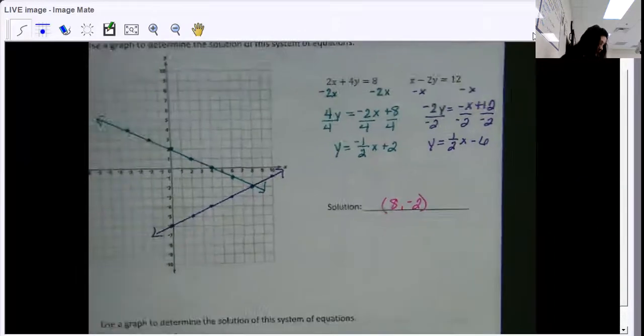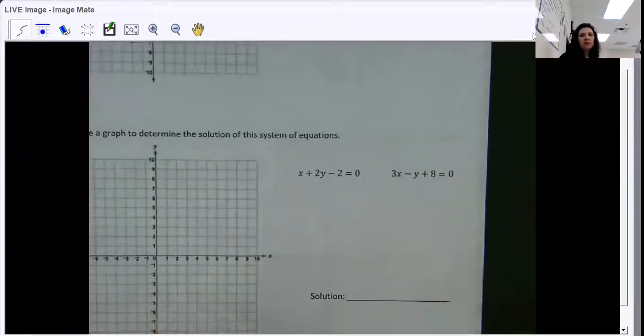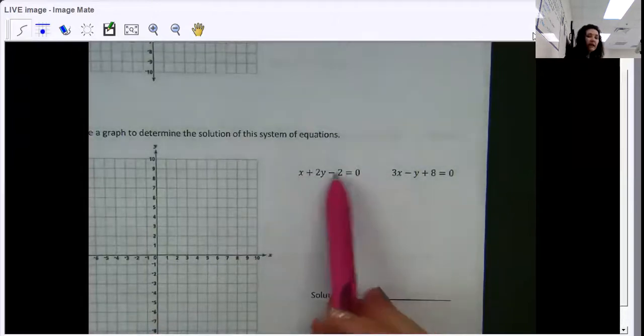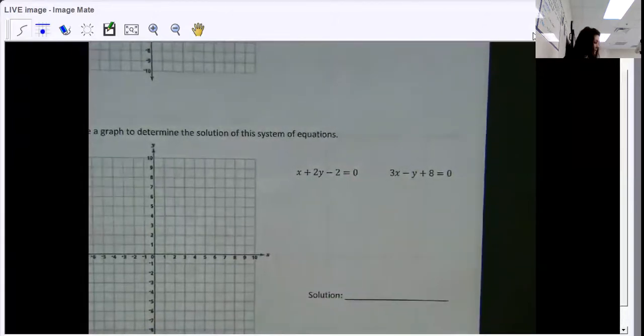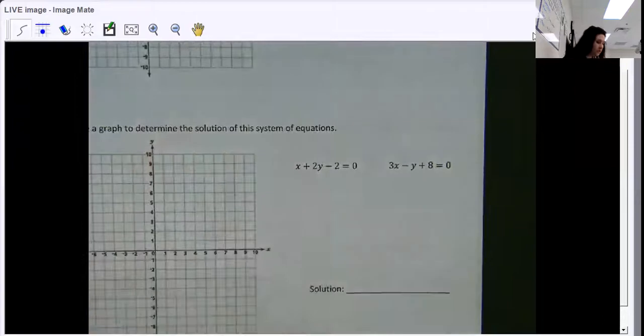Okay, let's go to example 5. This one's set up a little differently. Sometimes you'll see equations set up equal to 0, but that doesn't mean that you still can't solve it the same way. It just looks a little bit different. So your goal here is to get your x and -2 over, because you want to put these equations into slope-intercept form. Now, I typically do them at the same time, but if that confuses you, then just do one step at a time.